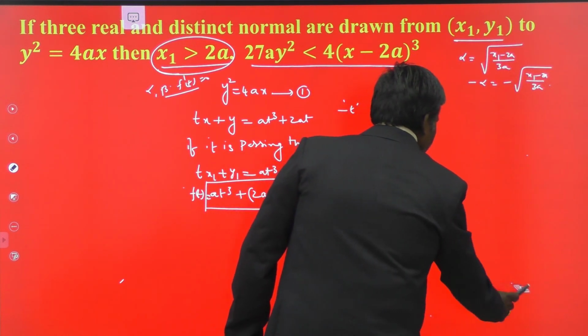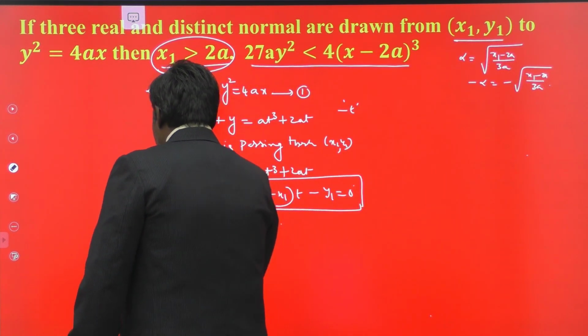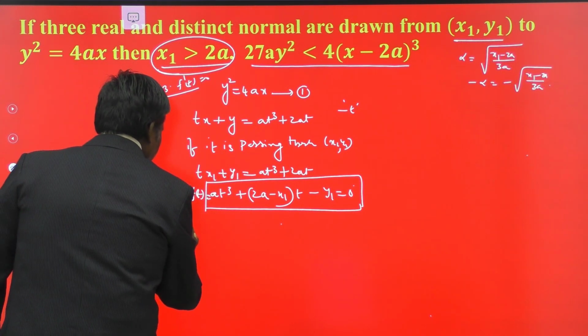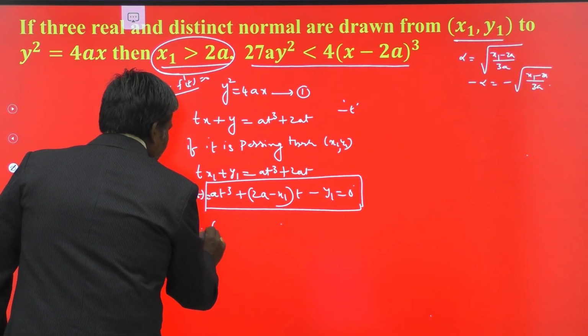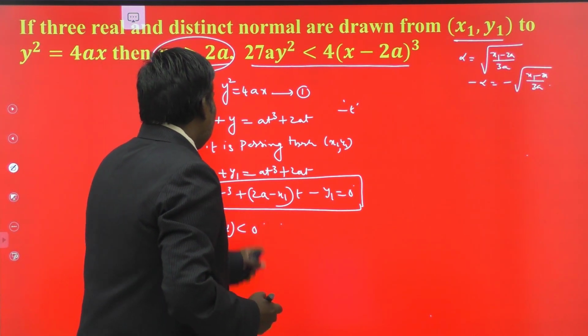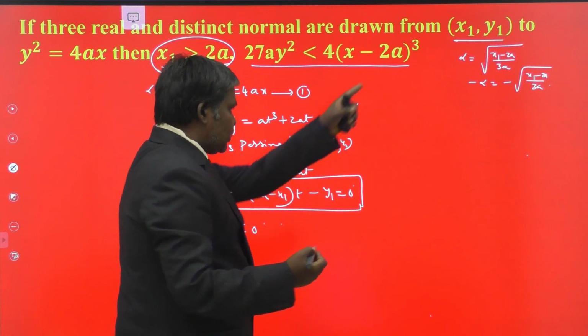See here, now f of alpha into f of minus alpha less than 0. Alpha, and finally we substitute that result.